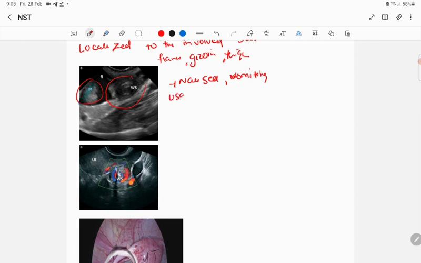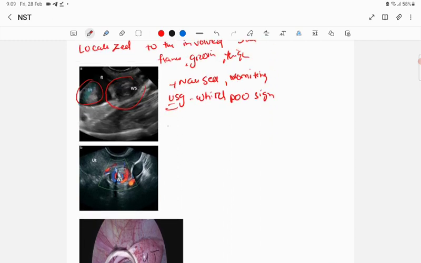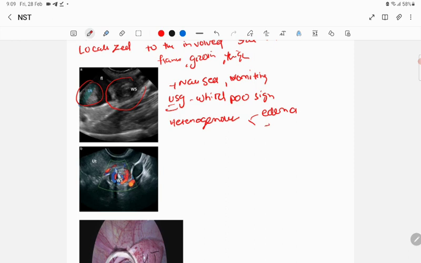In the ultrasound, the ovary appears enlarged, globular, and heterogeneous compared to the contralateral ovary, because of stromal edema, congestion, and hemorrhage. These are heterogeneous lesions in the adnexa.